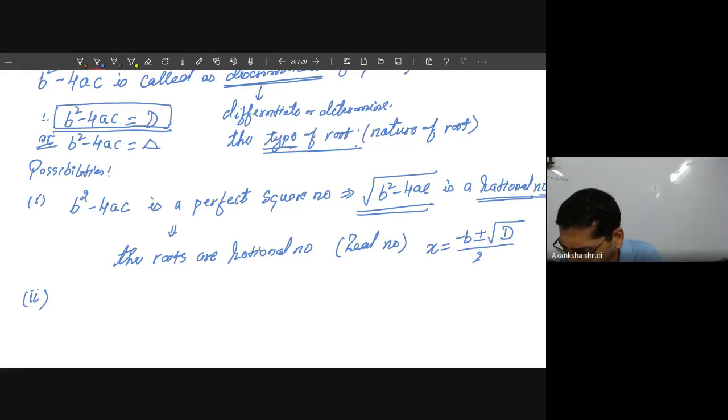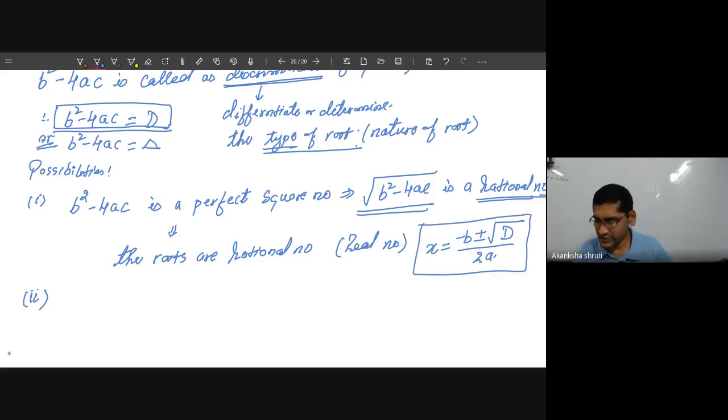So the bigger expression can be remembered in this smaller form also. Here in this case, D will be a perfect square, so the root will be removed and you will get two rational roots.